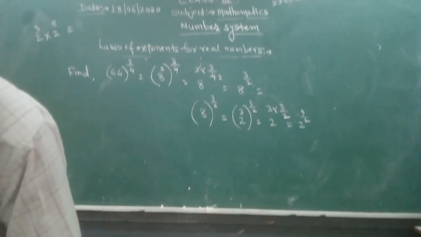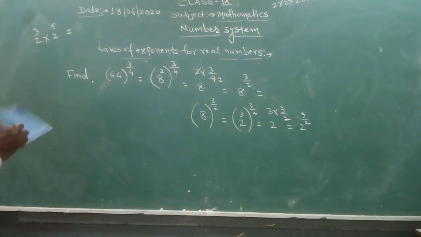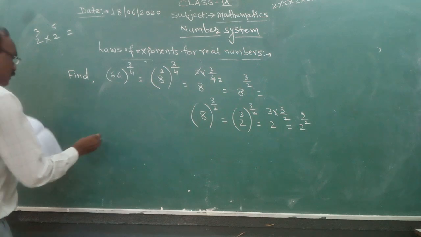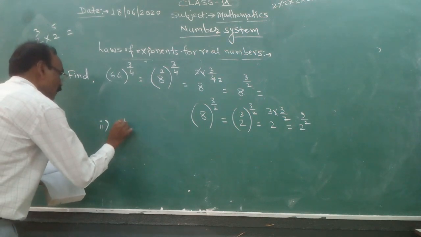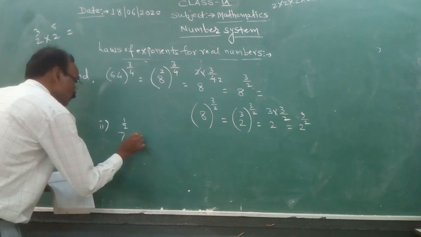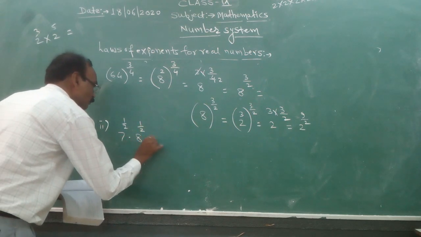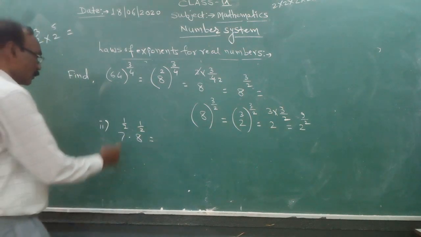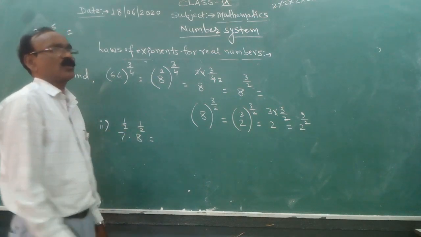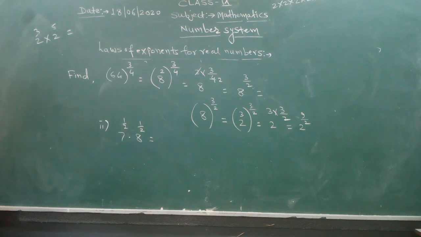Then if it is 7 raised to the power half into 8 raised to the power half. Now here the bases are different, not equal, but the power is same. So according to our which law?